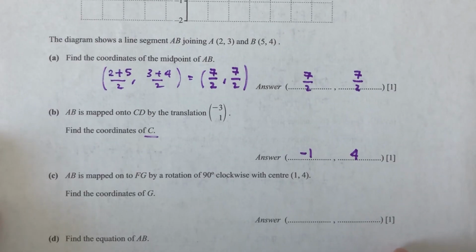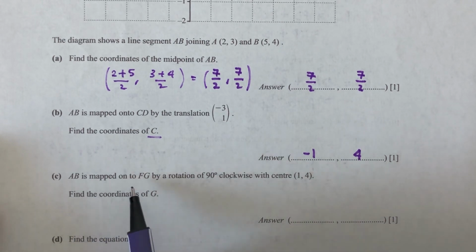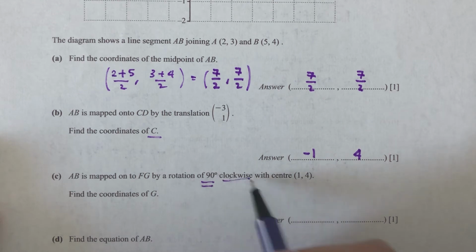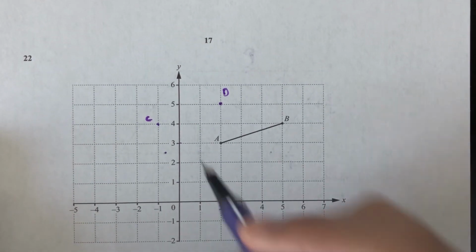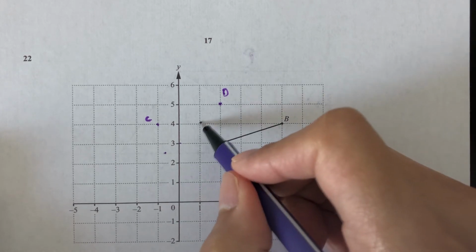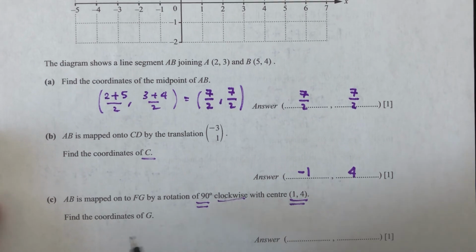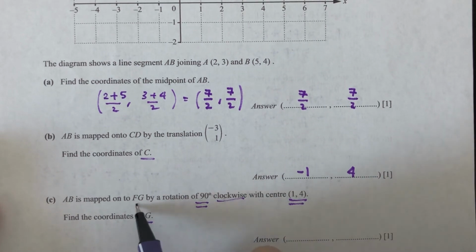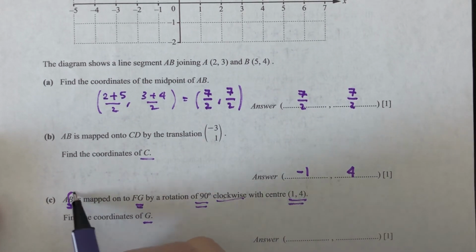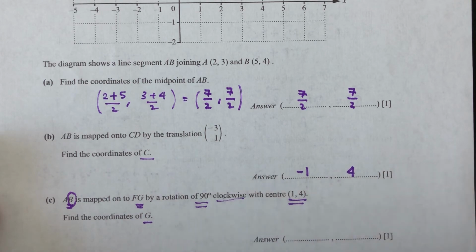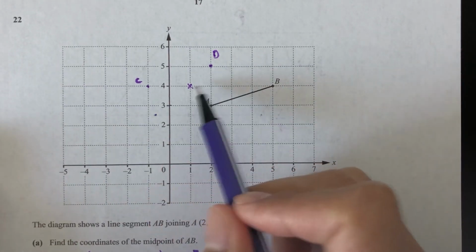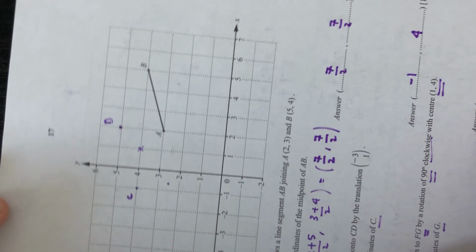Okay. So part C, AB is mapped onto FG by a rotation 90 degrees clockwise, center (1, 4). So the center is 1, 4, where 1 is here and 4 is here. Then we have to find the coordinates of G, which is equal to turning B by 90 degrees clockwise.